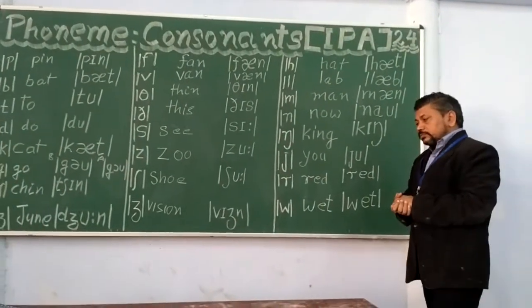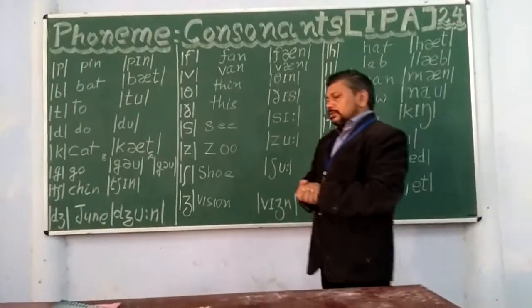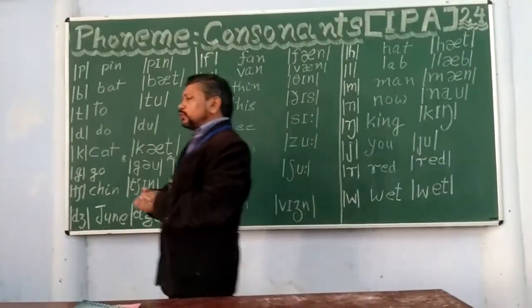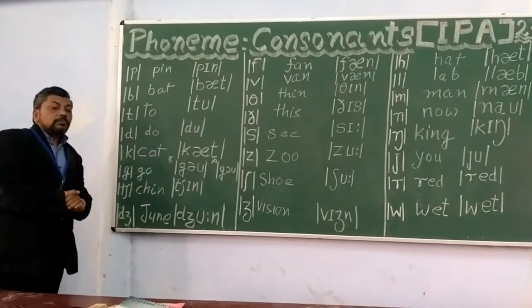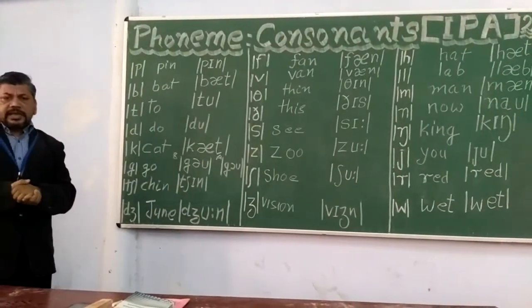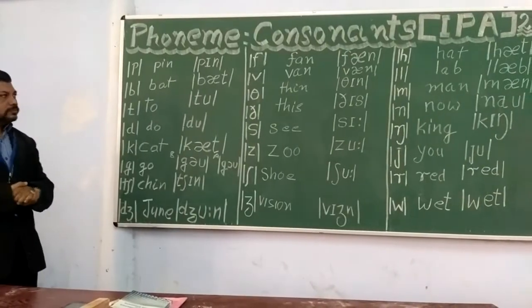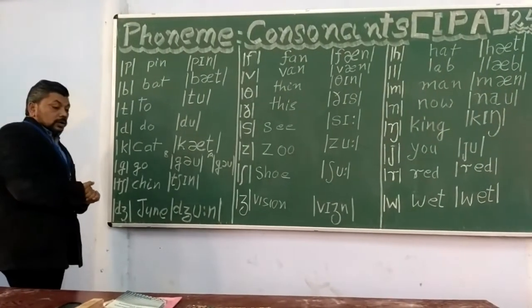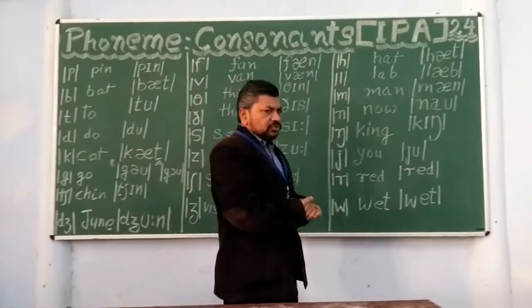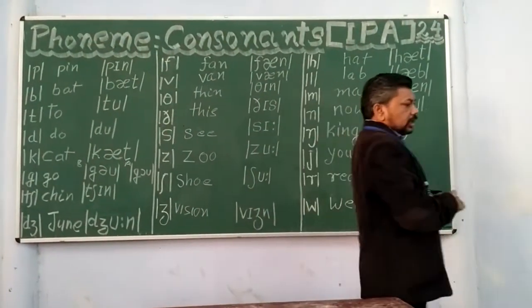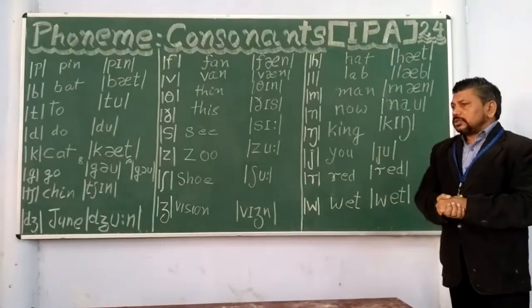Another variety of English is Cockney, used in some parts of England. There is also an American variety of English, known as American English.